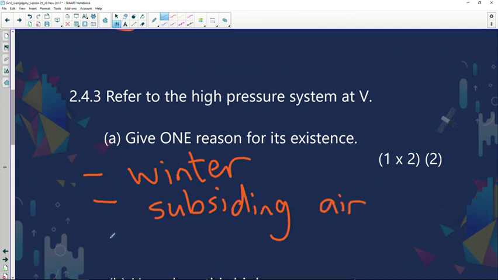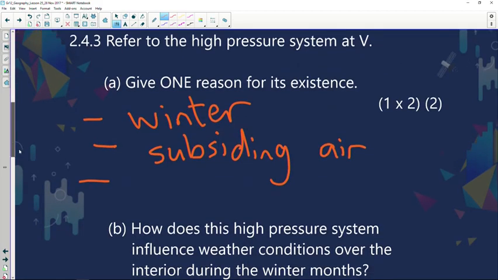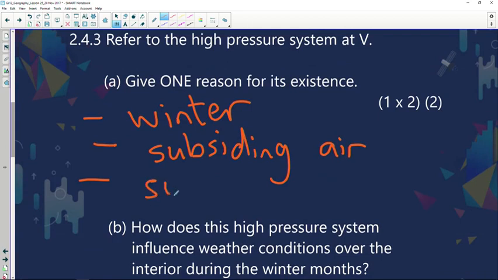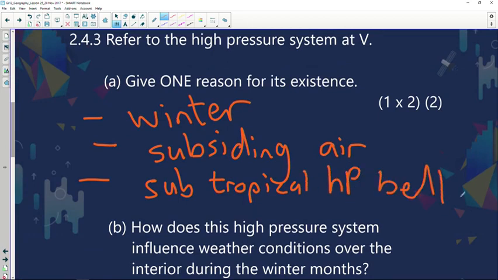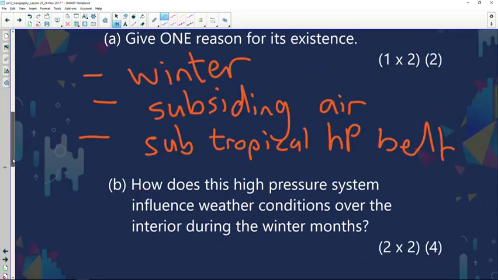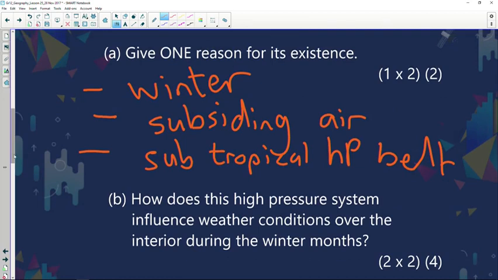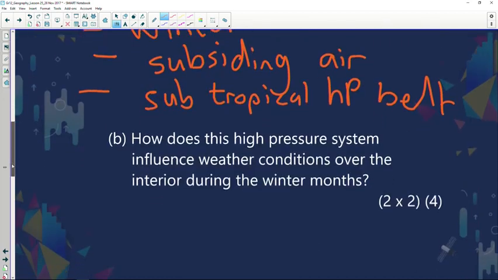And the main reason why, what you've learned, global air circulation, subtropical high pressure belt that exists over southern Africa. Okay, and we can also mention that it's a semi-permanent anticyclone.